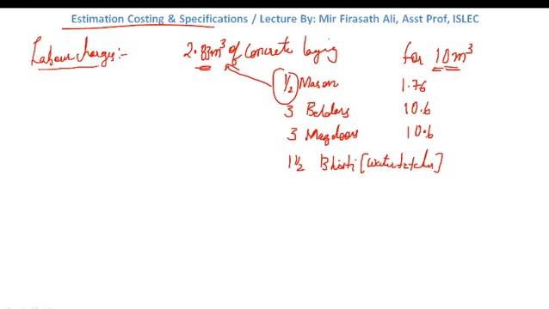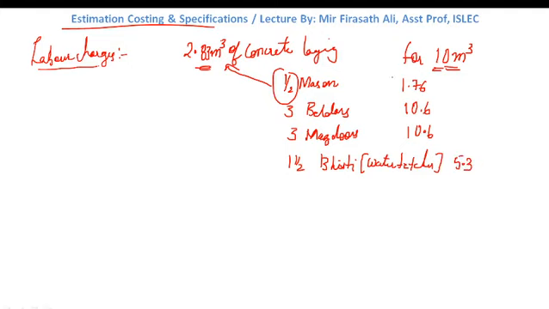For bisti, 1.5 into 10 divided by 2.83, so 5.3 water fetchers we need.